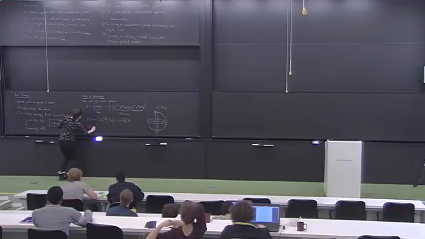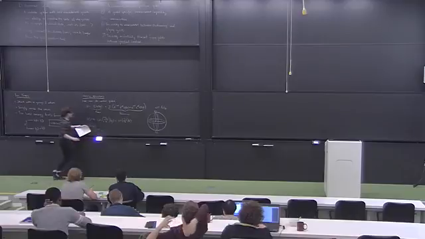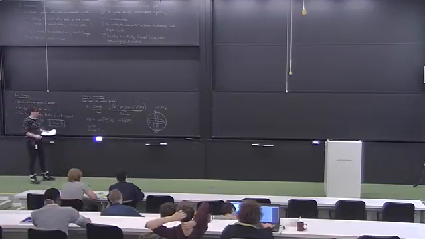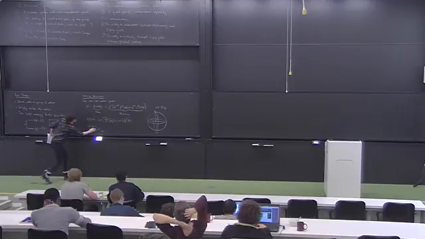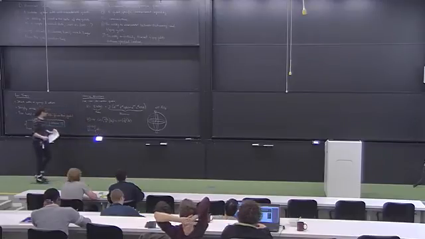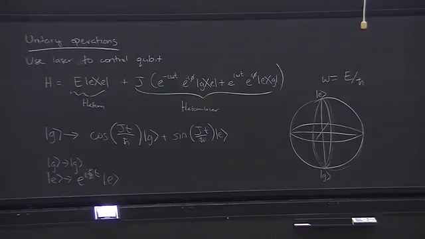So I think G goes to G, and the excited state picks up a phase like that. So this means you can't really, apart from the ground state and excited state, you can't really keep it well.